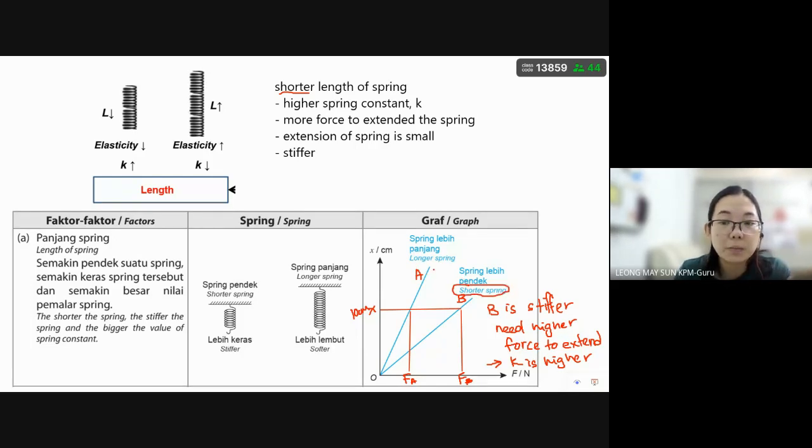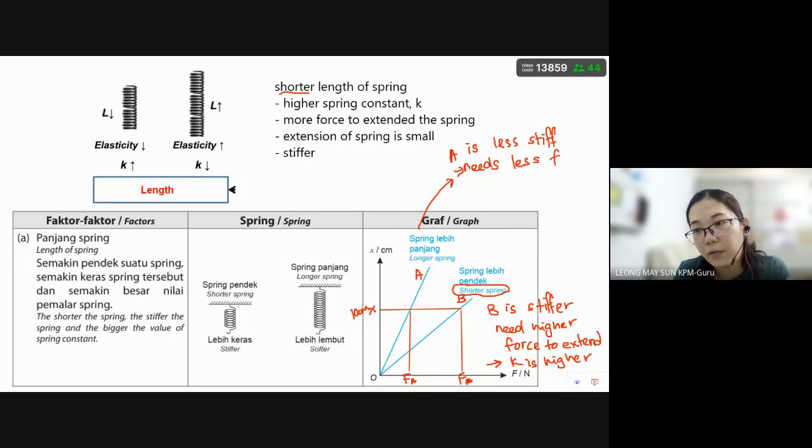But for spring A, how do I talk about spring A? Spring A is less stiff. Why is it less stiff? Because it needs less force to extend the spring.